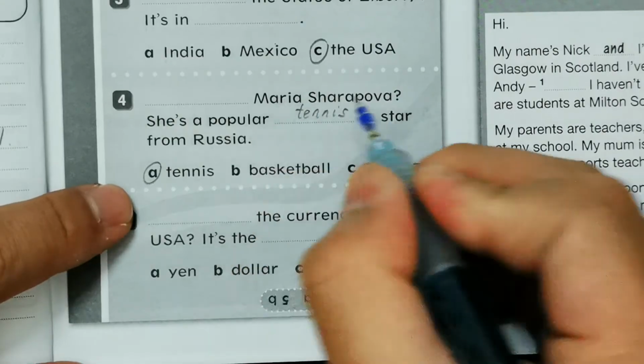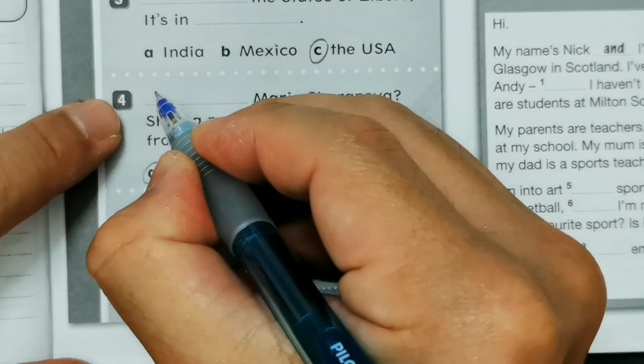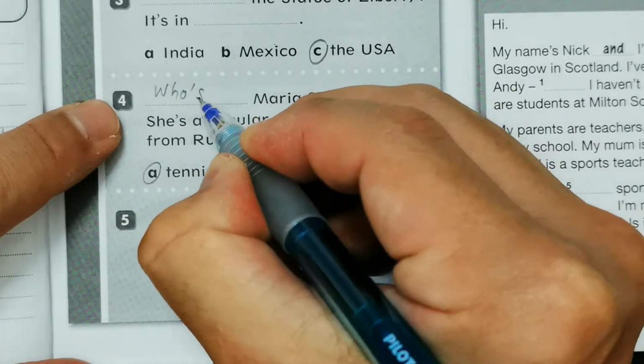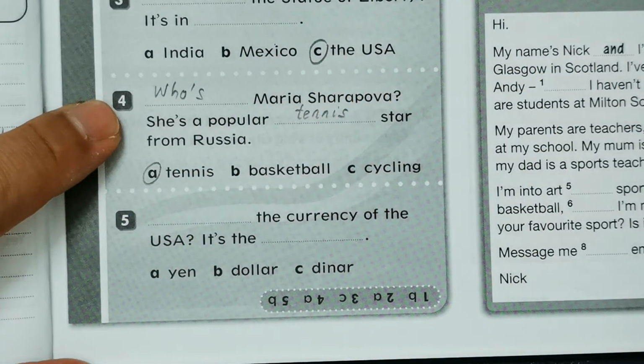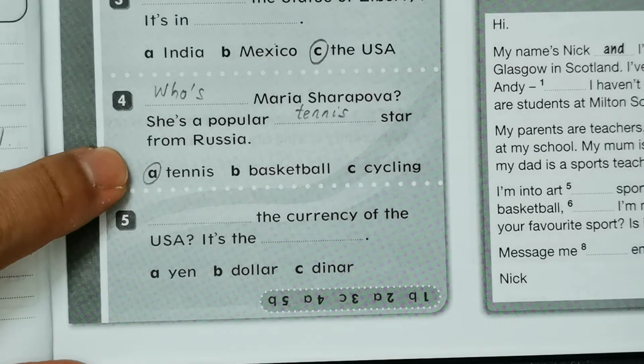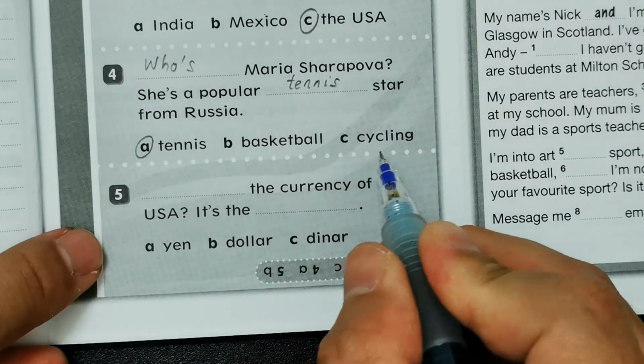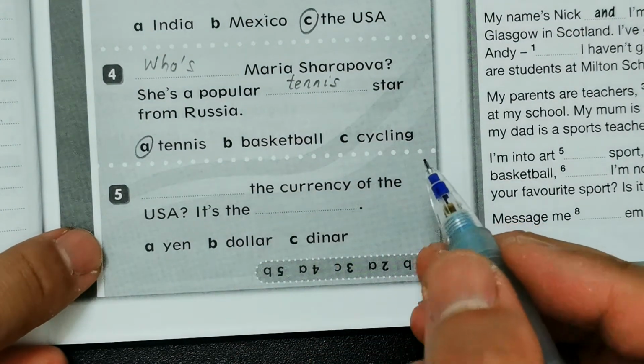Because this is a person's name, we use who is. Maria Sharapova, so she's a popular tennis star from Russia. And then not basketball and not from cycling event.